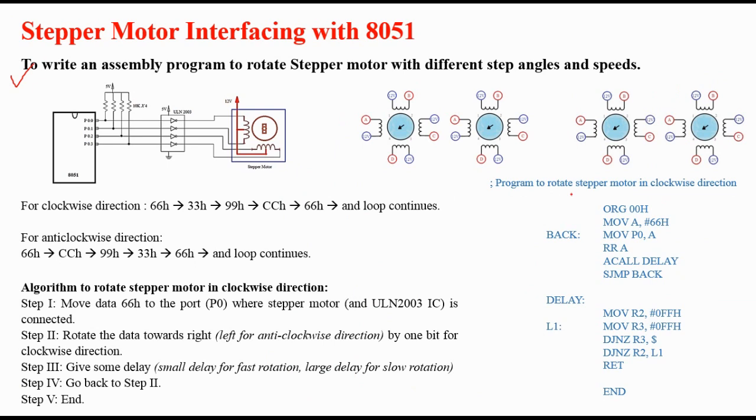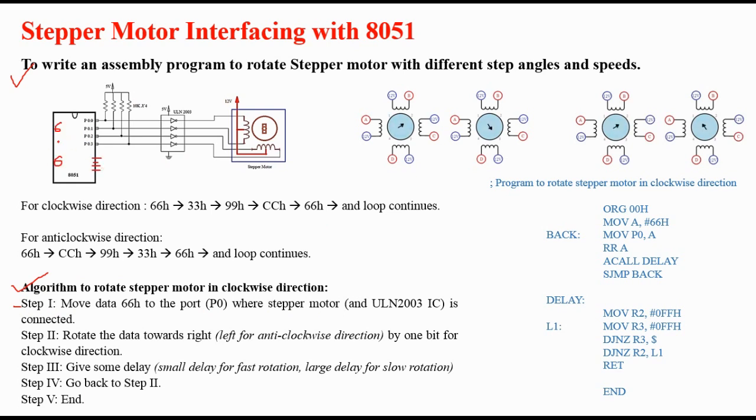Okay students, now we will rotate the stepper motor in clockwise direction with some specific speed. I will tell you how to increase or decrease the speed of the motor. So for that there is an algorithm. Step 1 is move data 66H to the port P0 where stepper motor is connected.